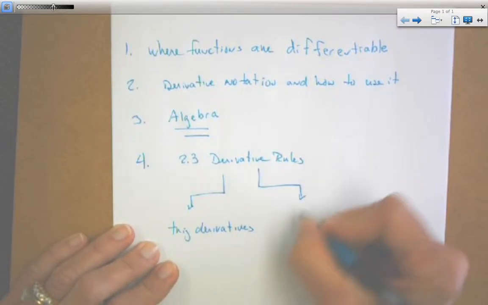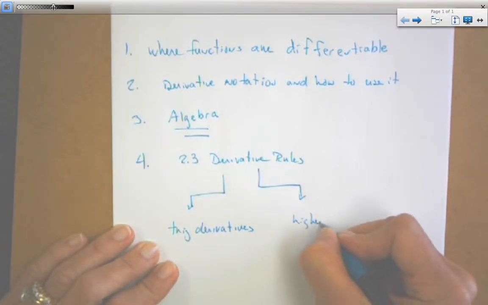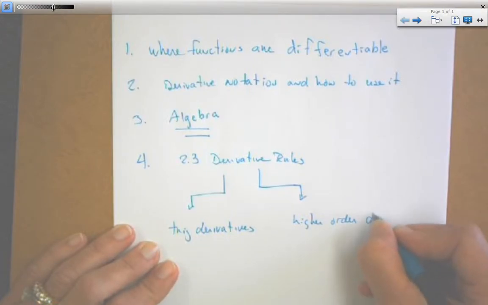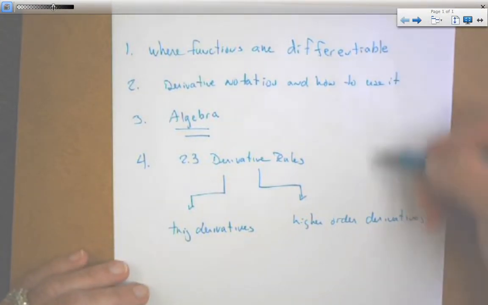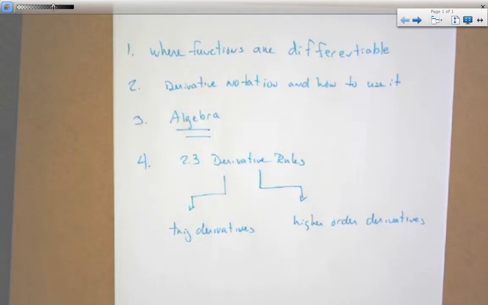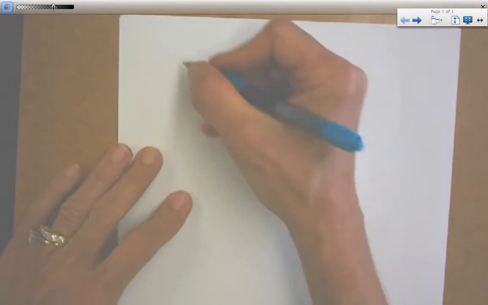And we have higher order derivatives. So I'm going to cover these 4 things in these notes. And I'm going to give you examples as we move along. So let's talk about where functions are differentiable first.